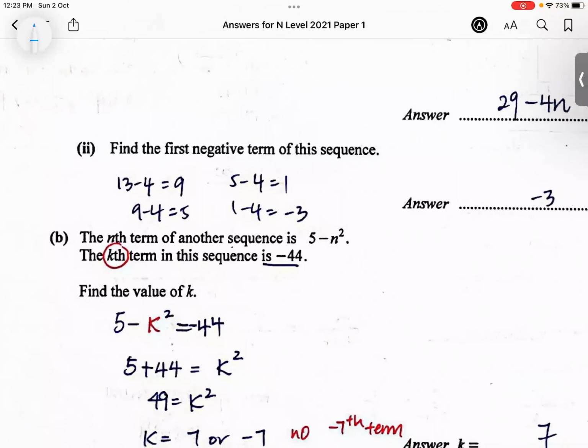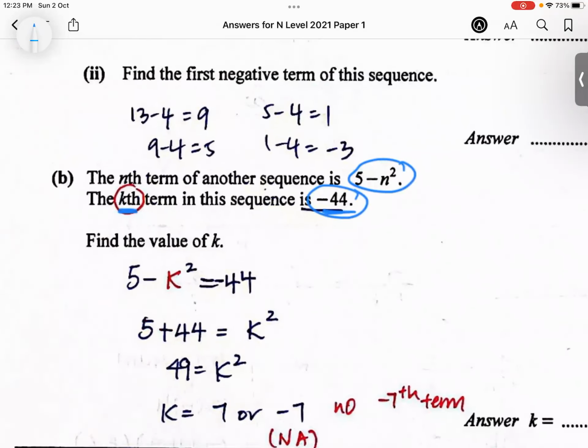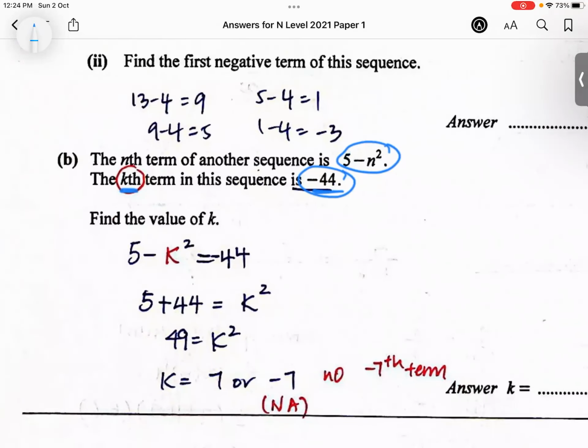The k term, that means they want it equal to this, so they want you to equate the formula over here to this number, but now they want k, so change the letter n into k, that's all. Then you solve it. When you take square root, there are positive or negative answers, but of course we cannot have a -7 term. So therefore the answer will only be 7.